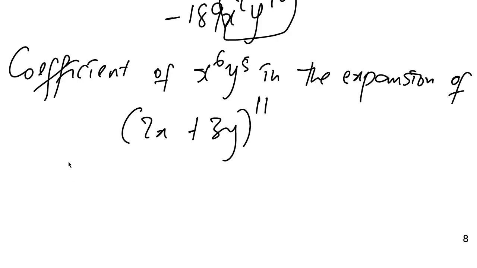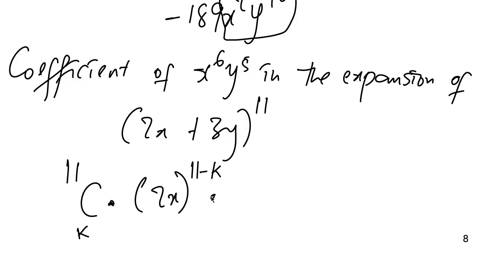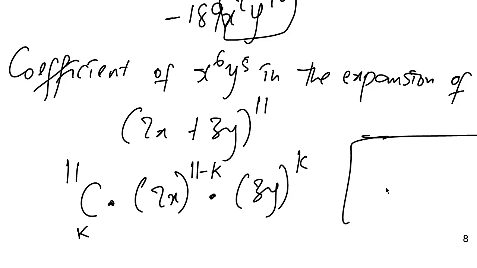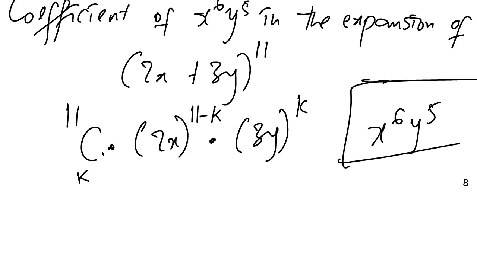Nothing is difficult. 11 combination what? K. 2x to the power what? 11 minus k. Into what? 3y to the power k. Compare it with what? x to the 6, y to the 5. That means the highest power of x should be what? 6. And the highest power of y should be 5.